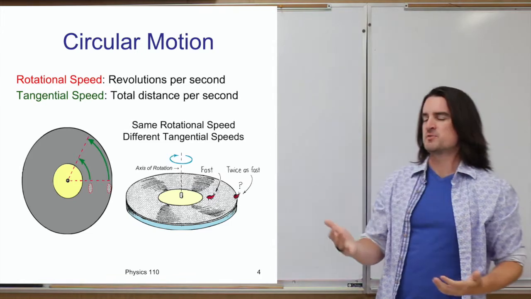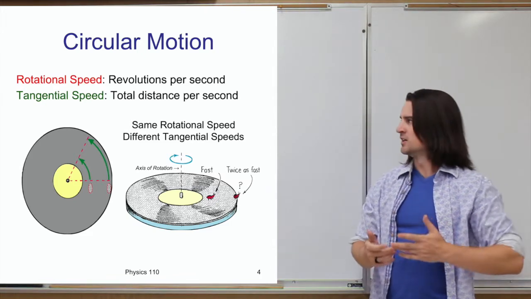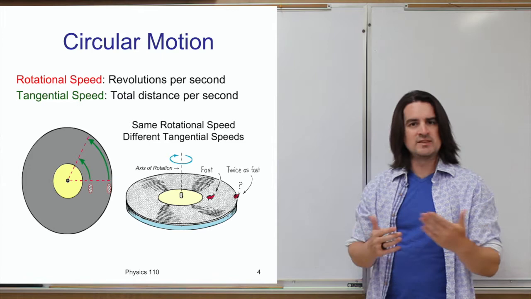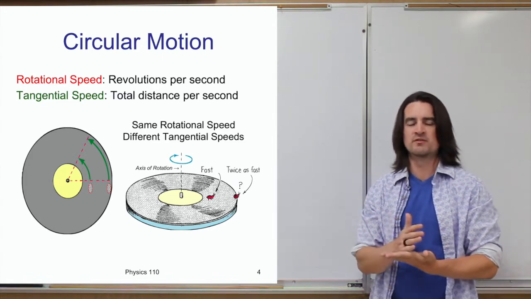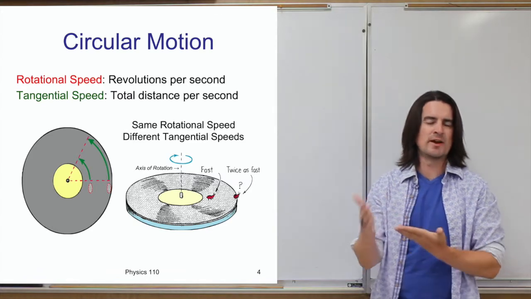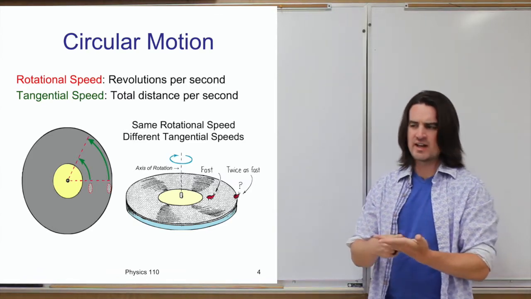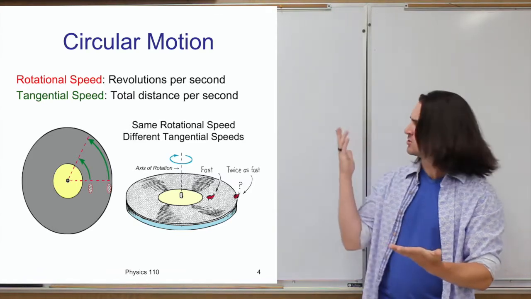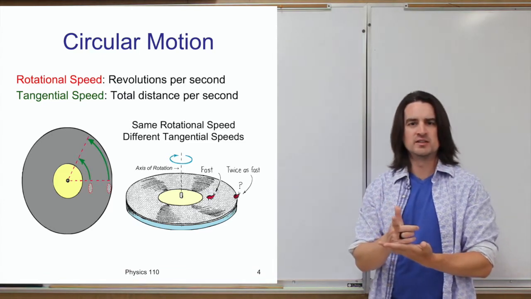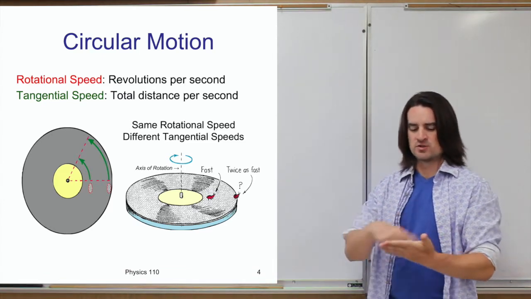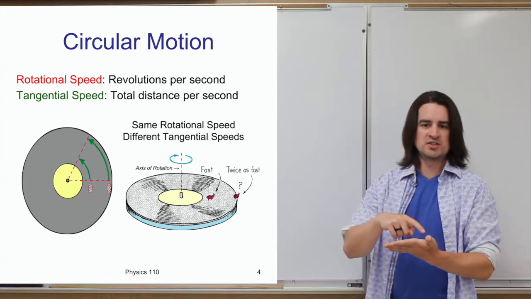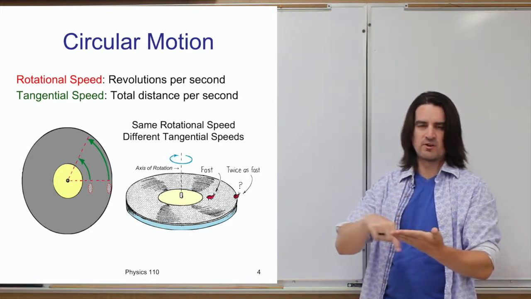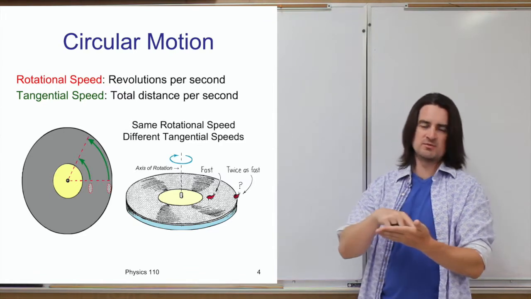So the other kind of speed involved in rotational motion is tangential speed. And that is much more analogous to what we would have thought of as just velocity before, or a regular speed. It's basically the total distance you travel per second. So if I have to go around a circle and I want to know the tangential speed, I just need to know how far around that circle is and how long it takes me to go around.